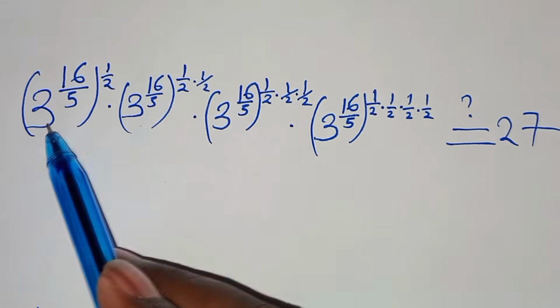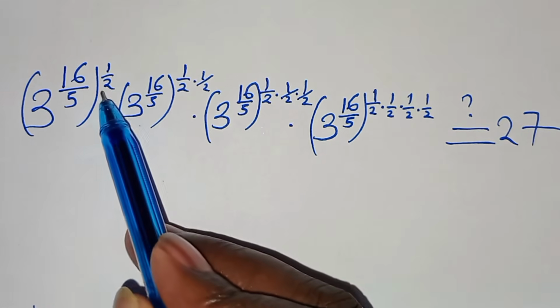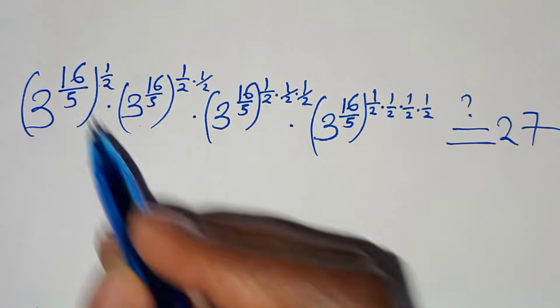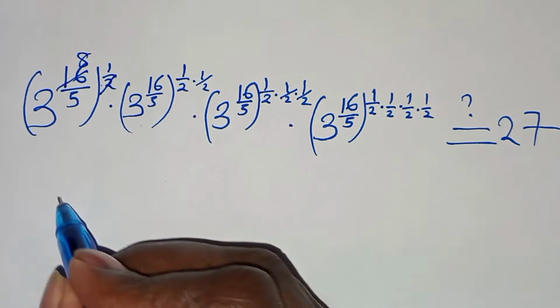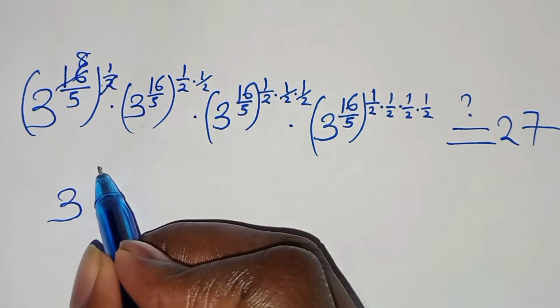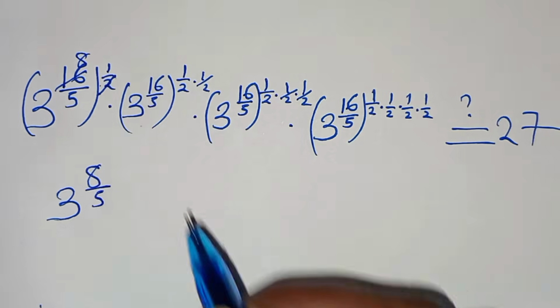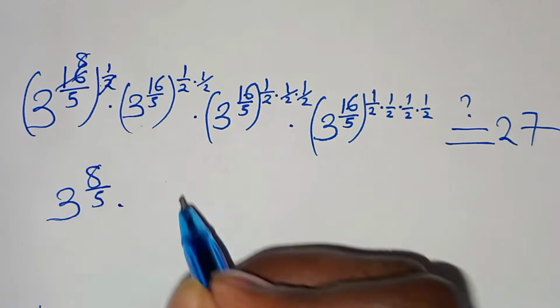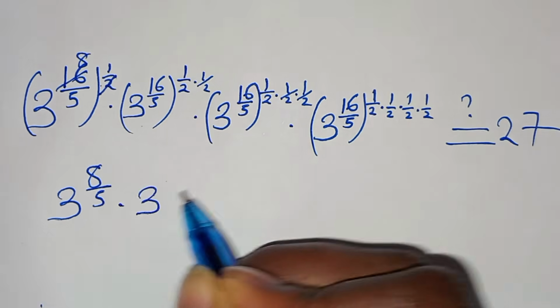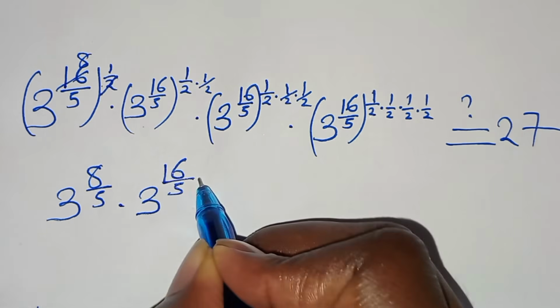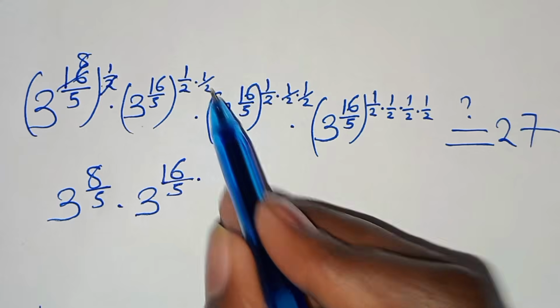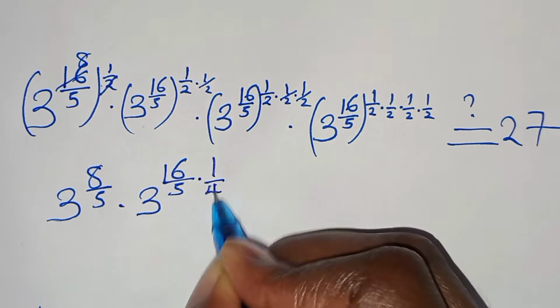Therefore, we have 3 to the power of 16 over 5 times a half here. So this means that 16 simplifies. So we have 3 to the power of 8 over 5. Then multiplying by 3 to the power of 16 over 5 multiplying by 2 times 2, so multiplying by 1 over 4.